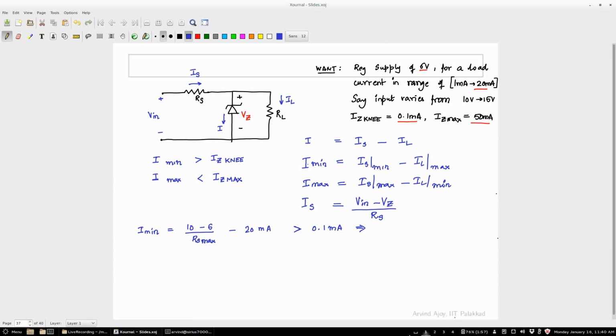And this whole thing must be greater than 0.1 milliamps. What does this give you? Just rearrange everything. Can you work out what RS max should be?